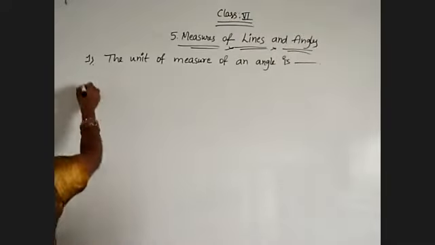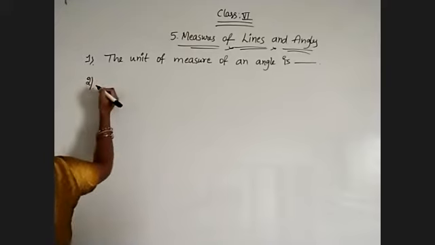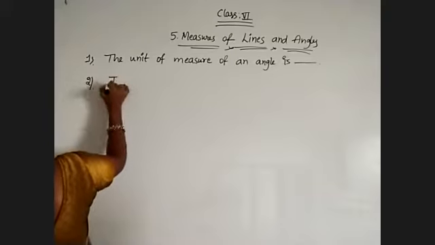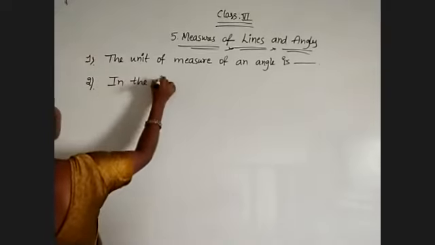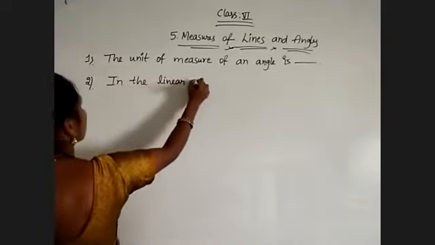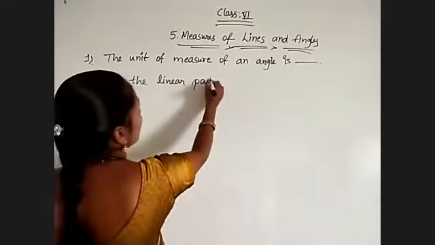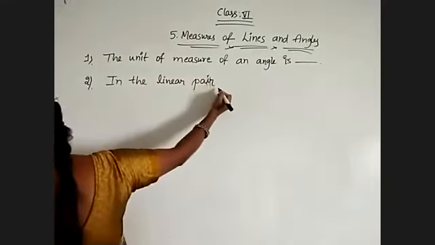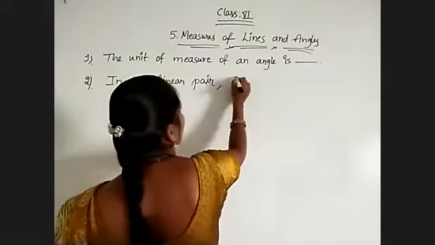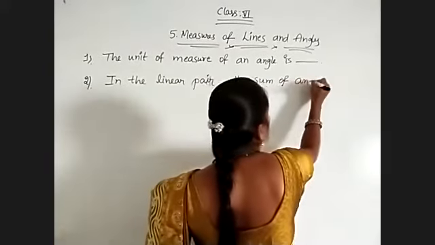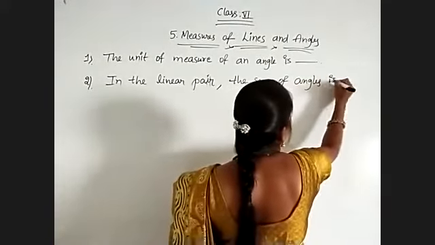Next, the second question: in the linear pair, the sum of angles is dash.